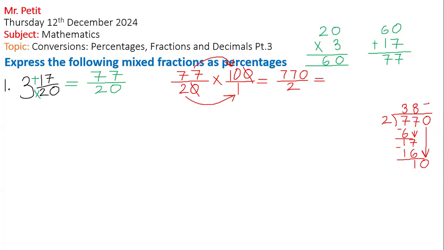So 2 times 5 is 10. And so 10 minus 10 gives us 0. And so it's going to be equal to 385%.